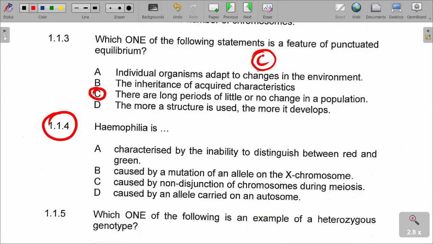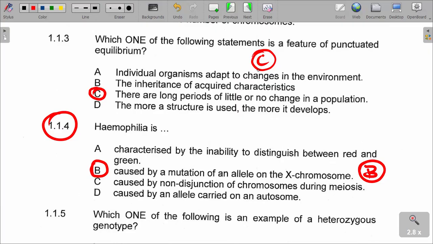I'm sure you remember that haemophilia, and we also talk about colour blindness and so forth, are sex-linked diseases that we have discussed quite a lot of times. It has been simplified for you there. It is caused by a mutation of an allele on an X chromosome. The disease-causing allele is found on an X chromosome, which is B.